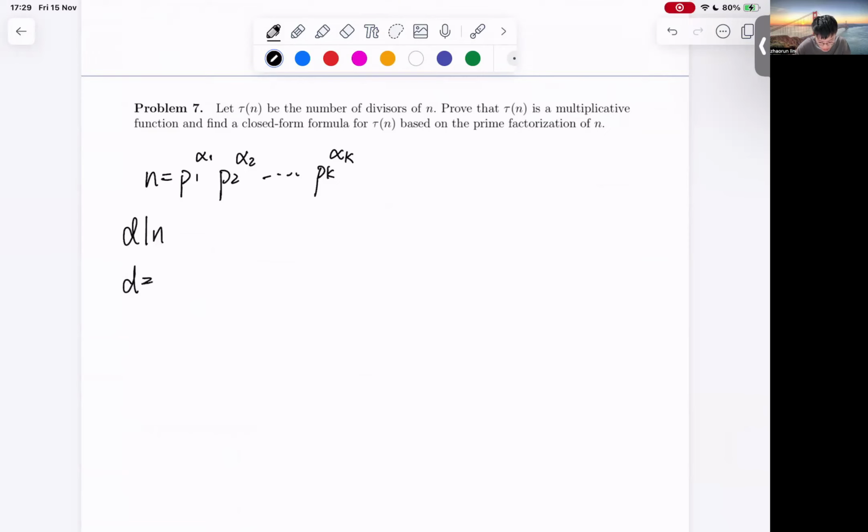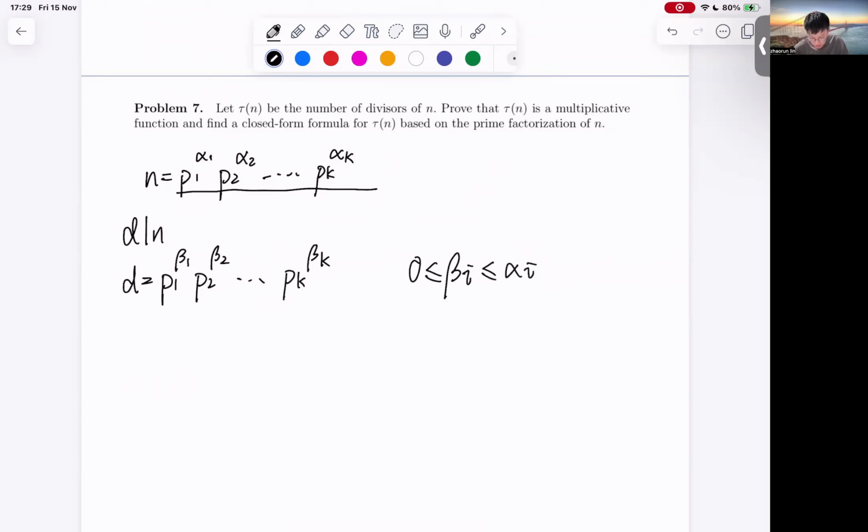Since this is the prime factorization of n, this divisor can only be, so let's say, beta to the k, beta k, right? Since this is the prime factorization of n. And every beta should be larger than or equal to 0 and smaller than or equal to this alpha I.